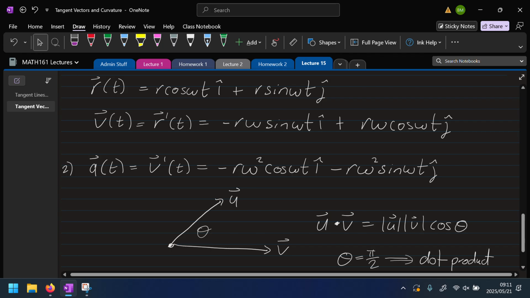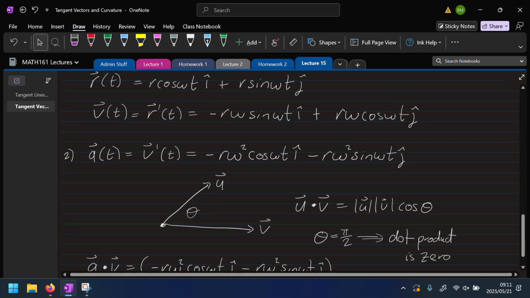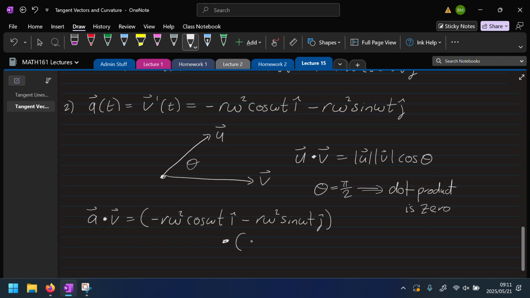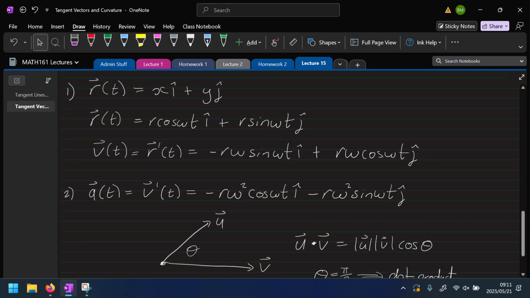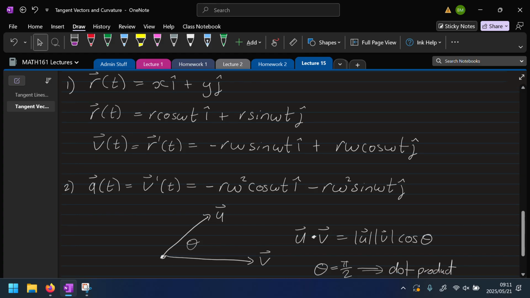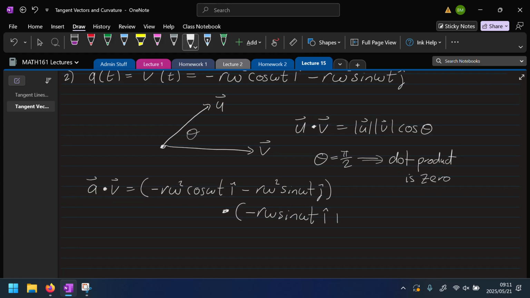That's going to be minus r omega sine omega t i hat, and then the plus r omega cos omega t j hat. So we're just going to do the dot product between these.